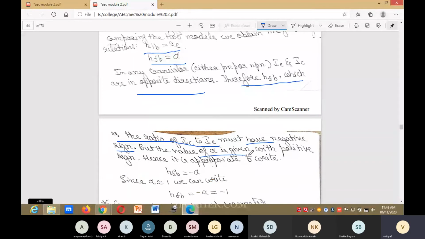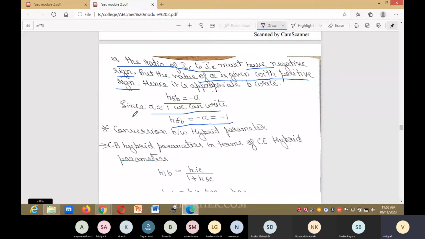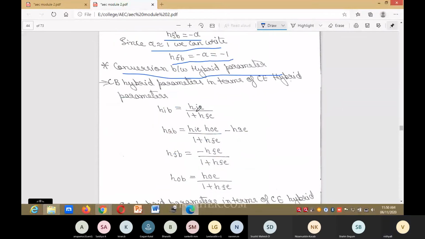But the value of alpha is given with a positive sign. Hence, it is appropriate to write HFB is equal to minus alpha. Since alpha is approximately equal to 1, we can write HFB is equal to minus alpha, which is equal to minus 1.